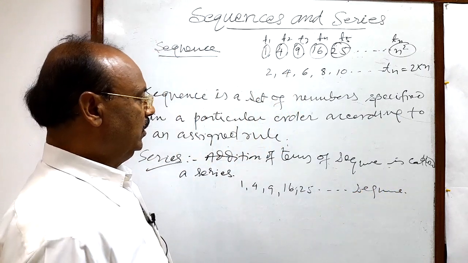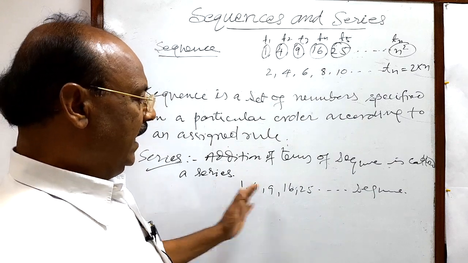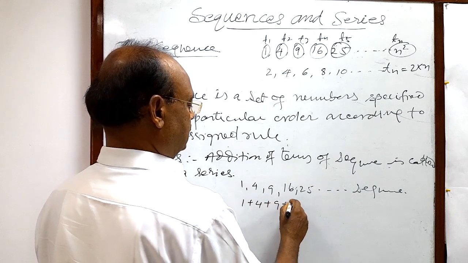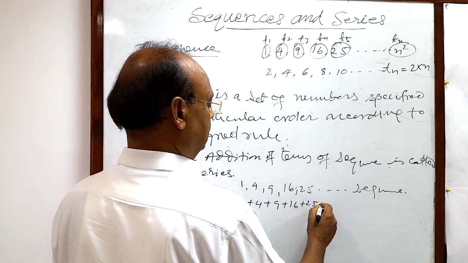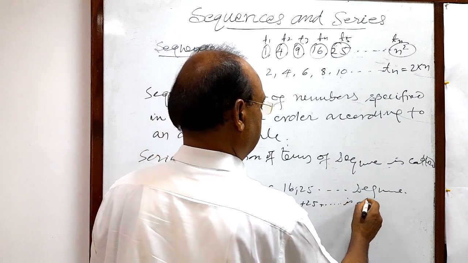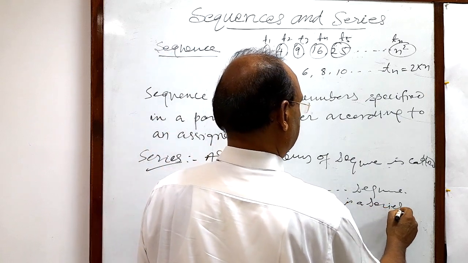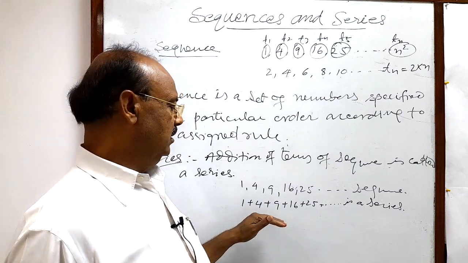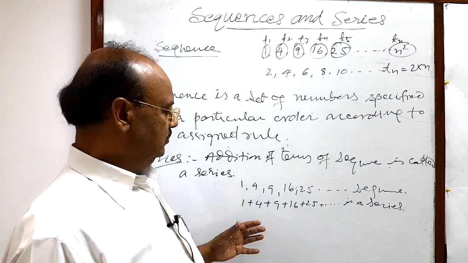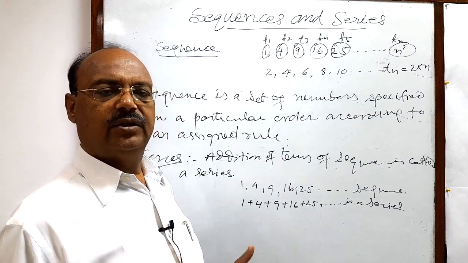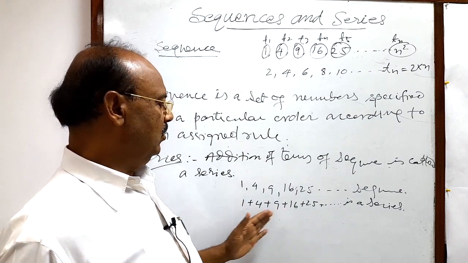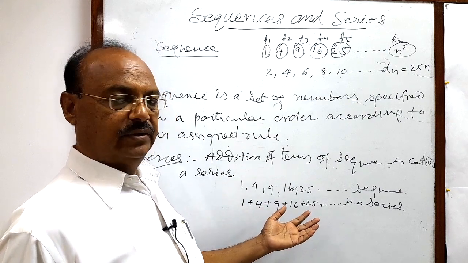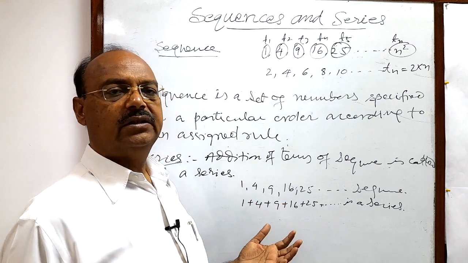Okay, and if you add these numbers like 1 plus 4 plus 9 plus 16 plus 25, then this is called a series, correct? So in a series you will find that these terms are formed according to an assigned rule. So simply addition, or you can say algebraic combination also, or alternatively positive or negative terms make a series.